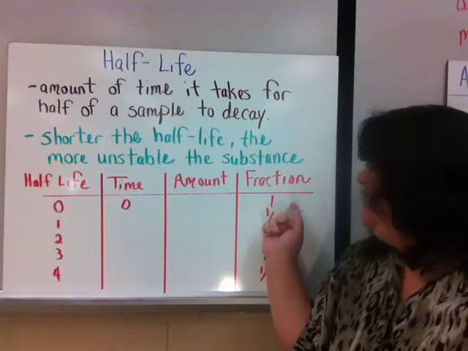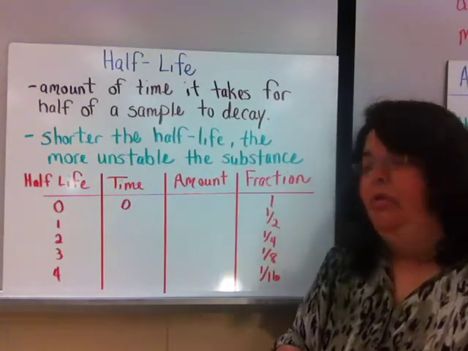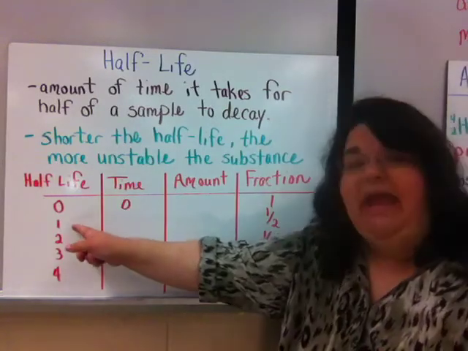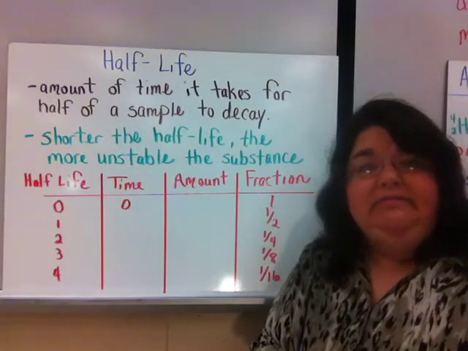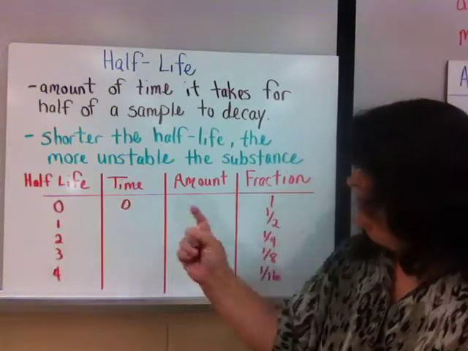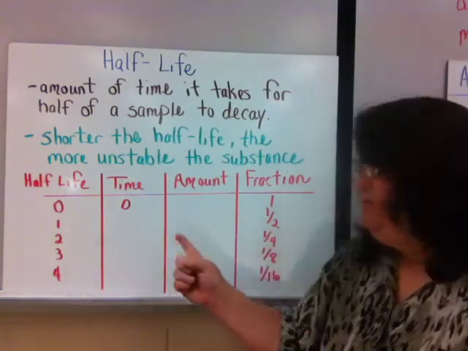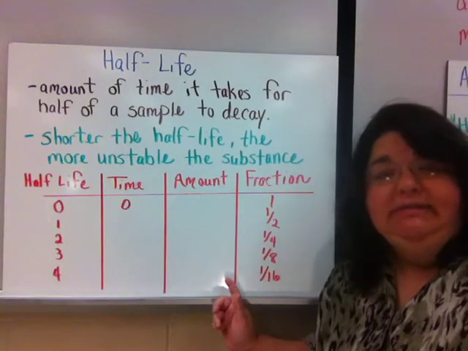And before time begins, I have all of my sample, so my fraction is 1. But on my very first half-life, by definition, the half-life is the amount of time it takes to lose half my sample. So 1 half-life, I have lost half of my sample. 2 half-lives, I only have 1/4 of my sample, and so on and so on.